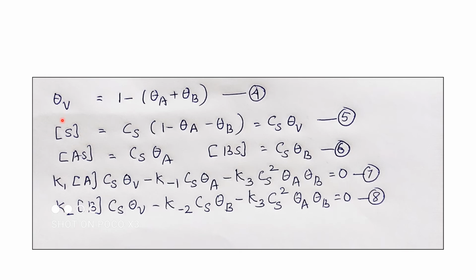The fraction of the vacant sites theta v is given by theta v is equal to 1 minus (theta a plus theta b).